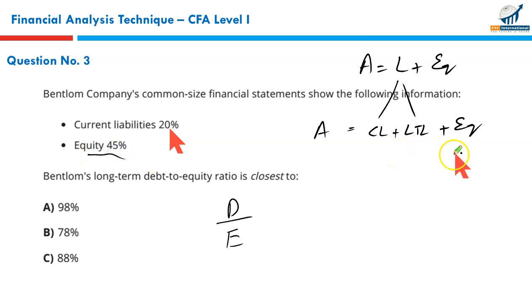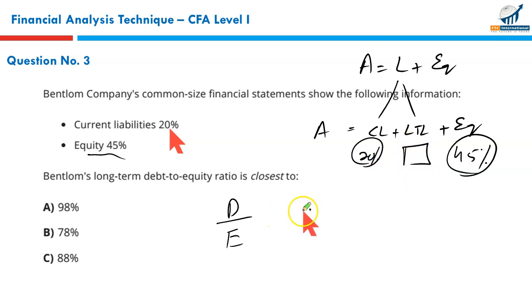Equity is given as 45%. If 45% represents equity, 20% represents current liability, it means the remaining is debt. So you can say that debt from this side of the equation is 100 less 45 for equity less 20% for current liabilities. What you get remaining is long-term debt.